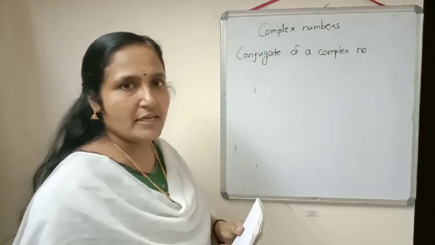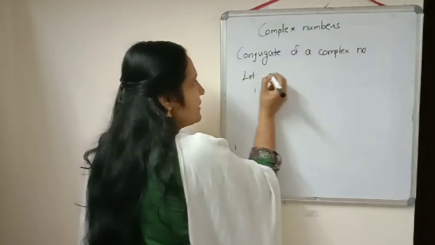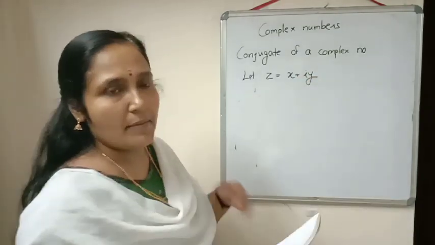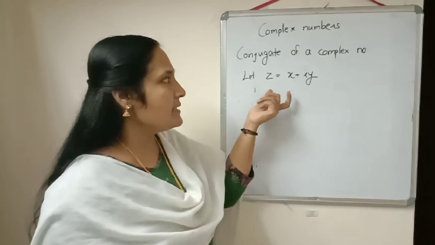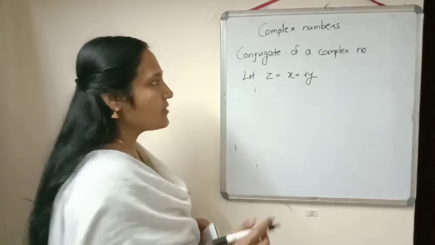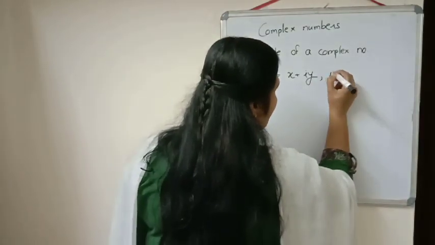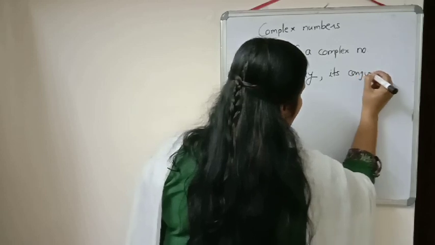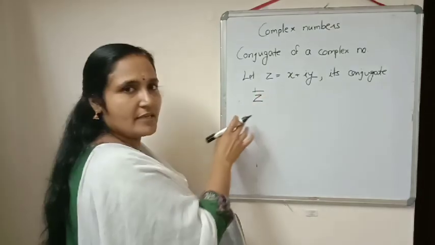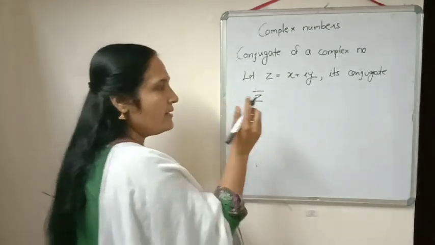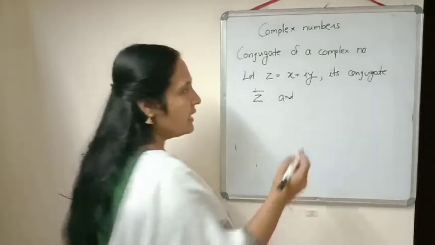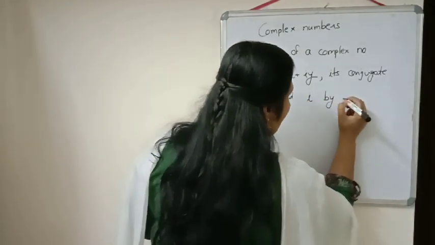So just write down the definition. Let z is equal to x plus iy be a complex number. Then its conjugate is denoted by z bar and is obtained by replacing i by minus i.